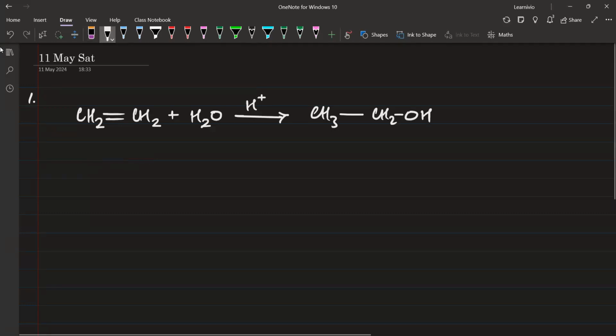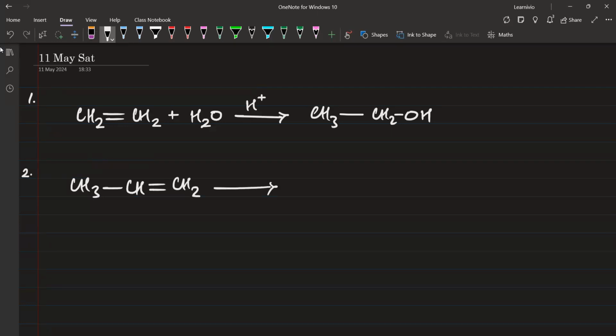Fine. Now, please see, don't write anything. Secondly, let us suppose you have something like this, CH3 CH double bond CH2, in the presence of H2O and H plus. Now, in this case, the OH will go to the carbon atom that is having less hydrogen.